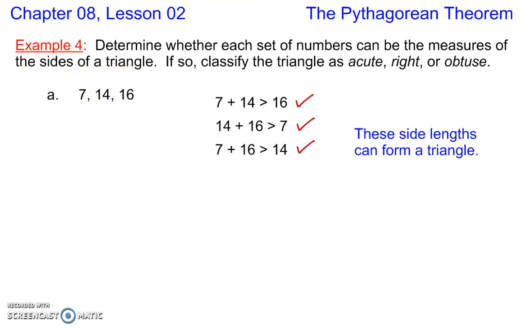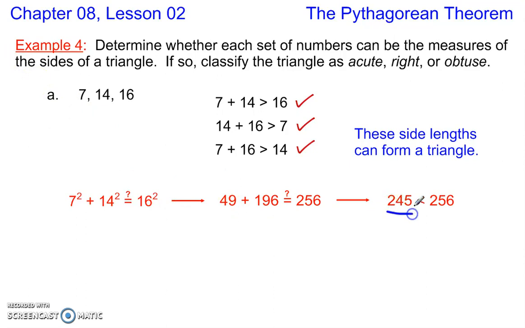Now, next, we want to determine, is it acute, right, or obtuse? Well, if this was a right triangle, we would take the longest side, that is C. So we'll put this in for C, and then see, do the squares of the two shorter sides equal the square of the longer side? 7 squared plus 14 squared, 49 plus 196. Does that equal 256? It does not.